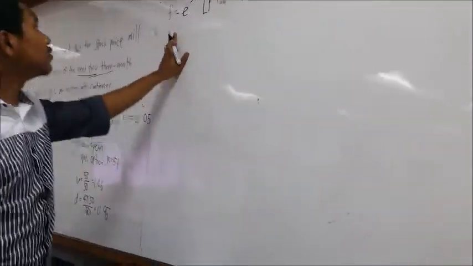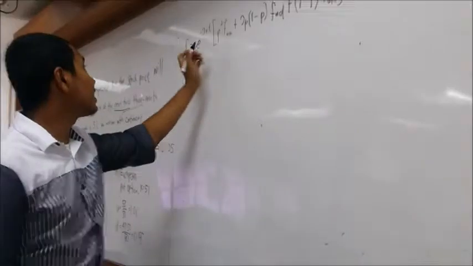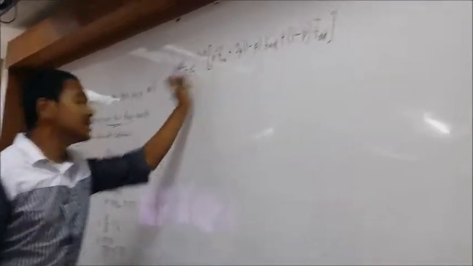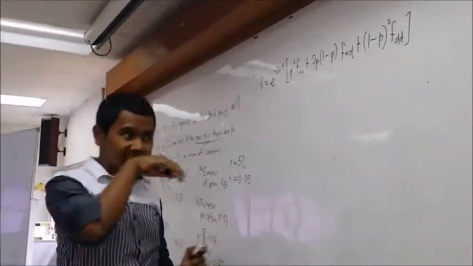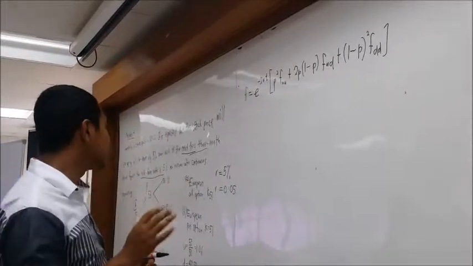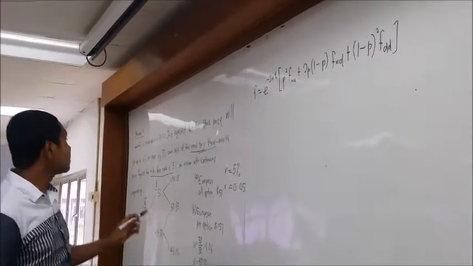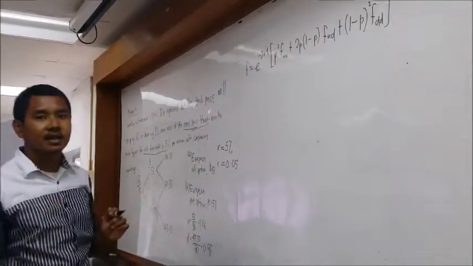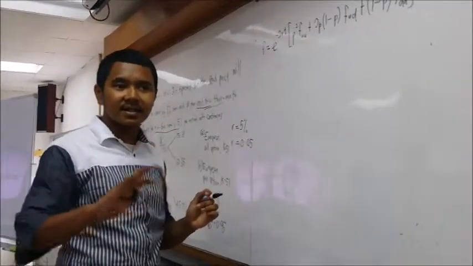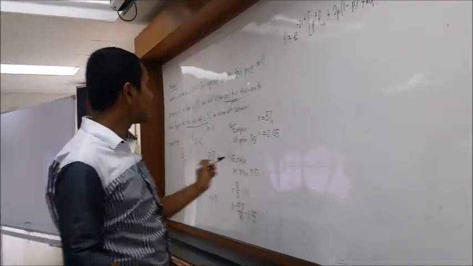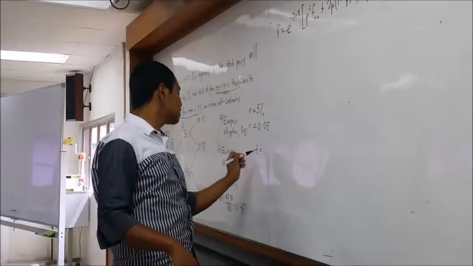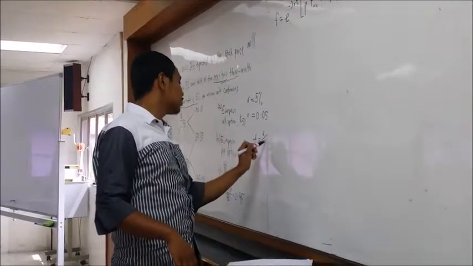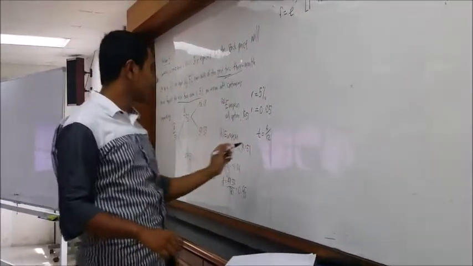To find this, we need the information. We already have R, but we still don't have the value of T. The question says the next 6 months, so our T is equal to 6 divided by 12 because it is per annum.